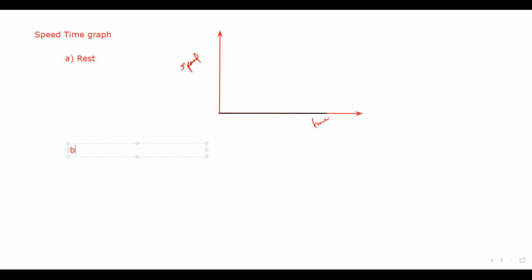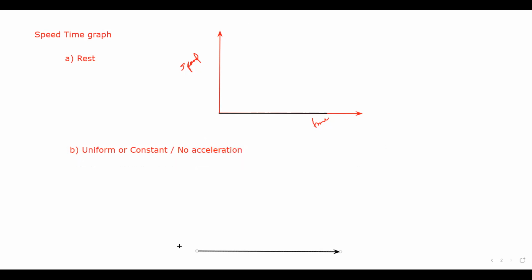If an object is moving with a uniform or constant speed, or you can also say no acceleration or no change in speed, so the value of the speed should not change. And how will the speed time graph appear?